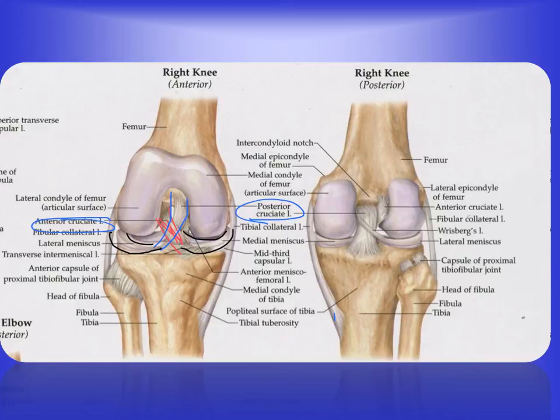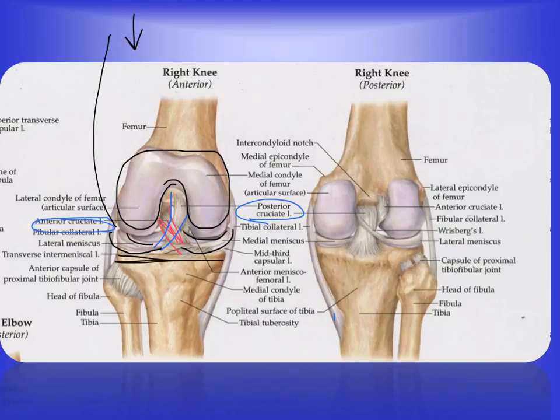The menisci are very important in helping to reduce the amount of shock and or forces that go through the knee. If we look at the femur bone here, we can see how the menisci are hugely important at reducing bone-to-bone interaction between the tibia and the femur bone.